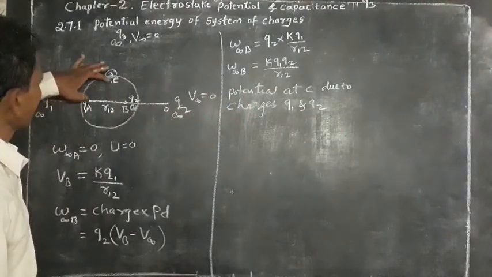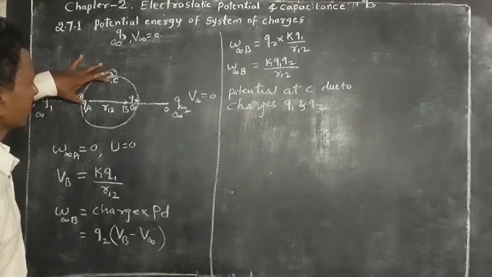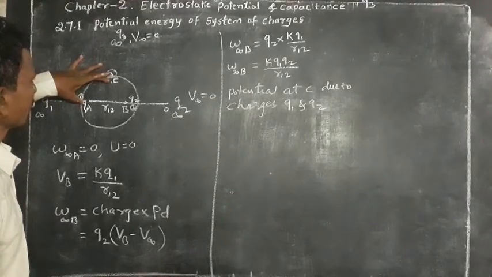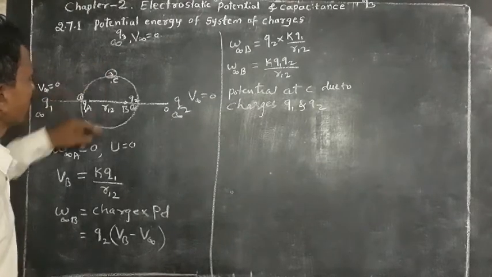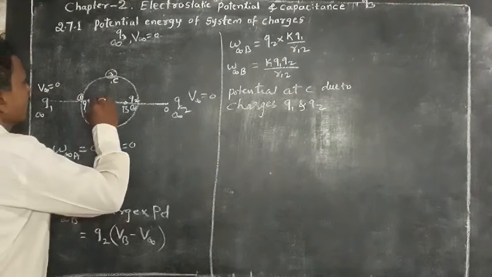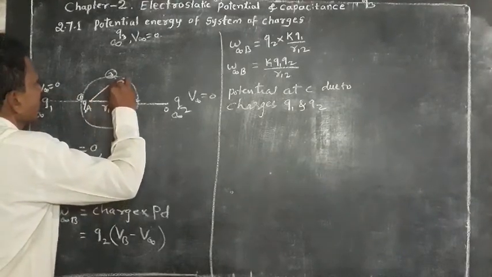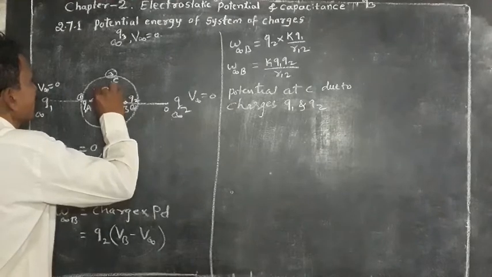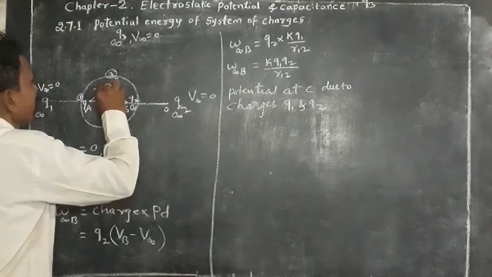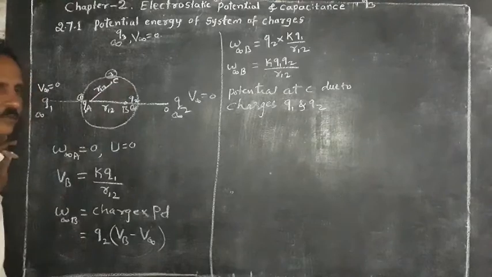Potential at C due to Q1 is KQ1 upon R13, because R13 is the distance between the first charge and the third charge.